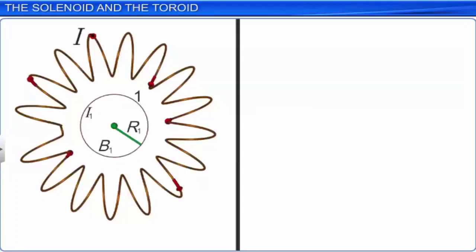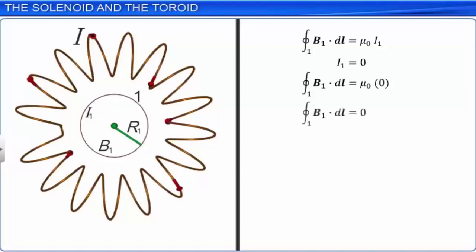According to Ampere's circuital law, the integral over the closed loop 1 of B1 dot dl is equal to mu naught I1. As the area bound by loop 1 does not cut any turn of the toroid, the net current enclosed by the Amperian loop 1, I1, is equal to 0. Then, the integral over the closed loop 1 of B1 dot dl is equal to mu naught into 0. Hence, the magnetic induction due to the current enclosed by the Amperian loop 1, B1, is equal to 0.